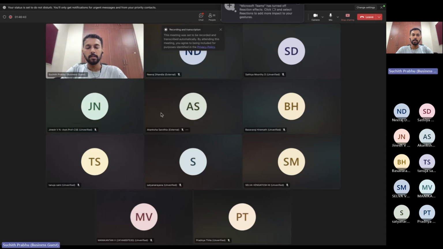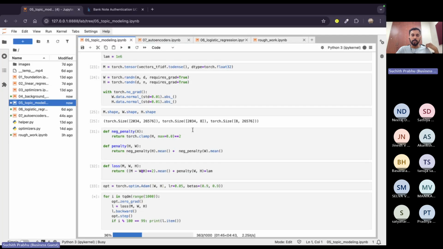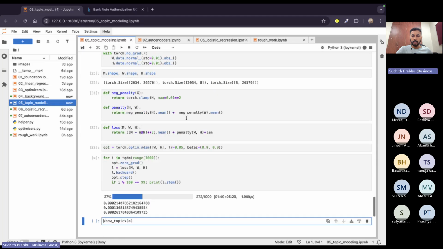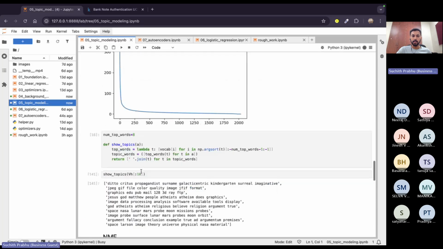It's the same thing, you're just doing SVD, but using SGD to come up with that factorization. So let this finish and we'll see what topics are there. We'll do a similar analysis that we did over here.